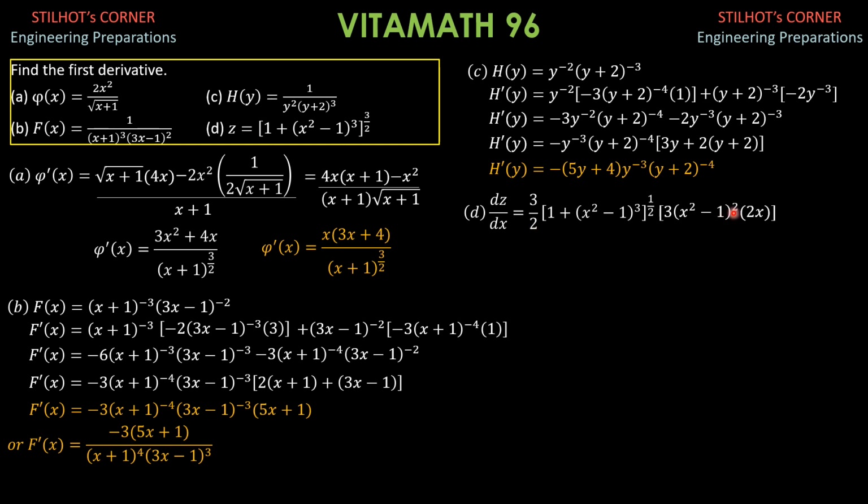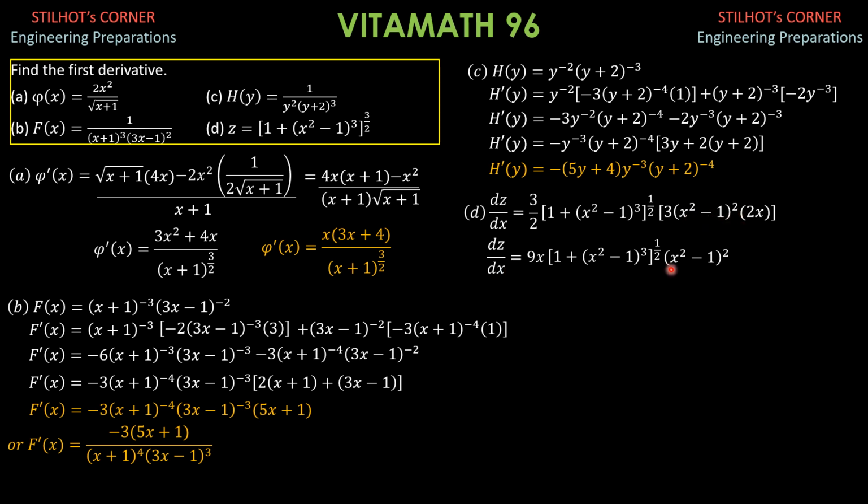Simplifying, we cancel out 2. So 3 times 3 times x, so 9x. Then copy this, then copy that. So dz/dx is 9x times quantity 1 plus quantity (x² − 1) cubed, raised to the 1/2, then times quantity (x² − 1) squared.